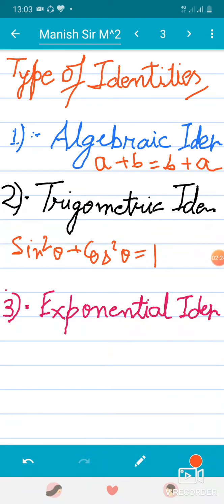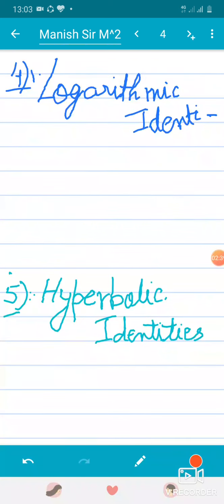Third one is exponential identities, generally known as a to the power m into a to the power n is equal to a to the power m plus n. This is known as the exponential identity. Next, the fourth is the logarithmic identities.